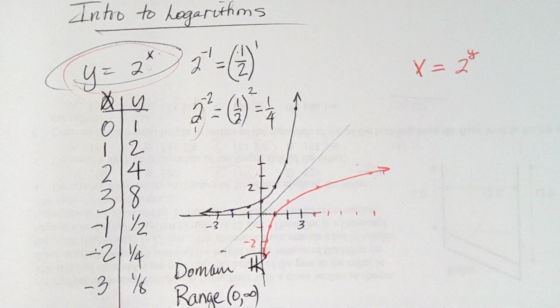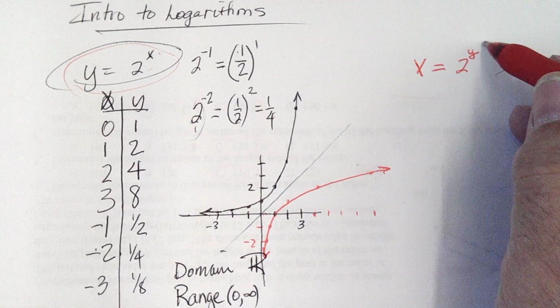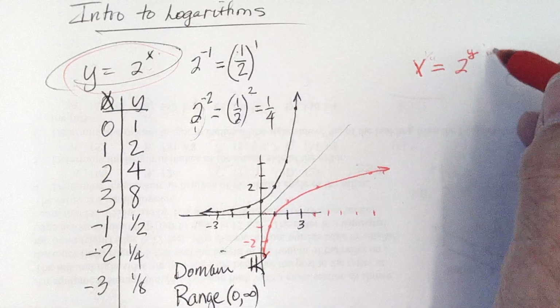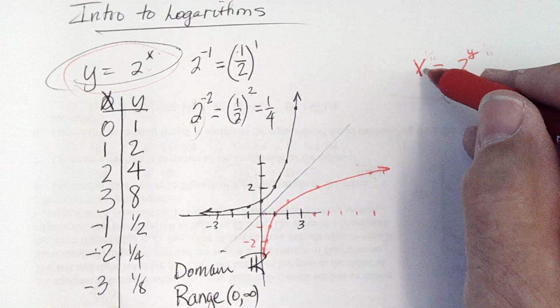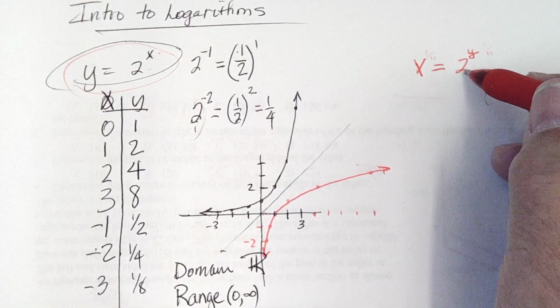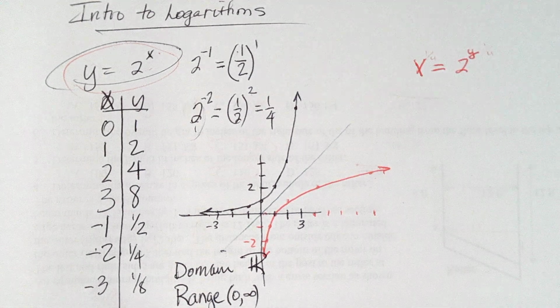Now, how do you solve for y? We could do 1 over y, but that doesn't get y by itself. That just makes x to the 1 over y. We can't subtract 2 because this is 2 to the y. There's no way to do it.